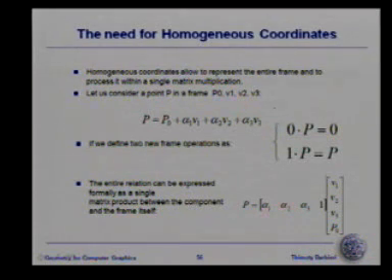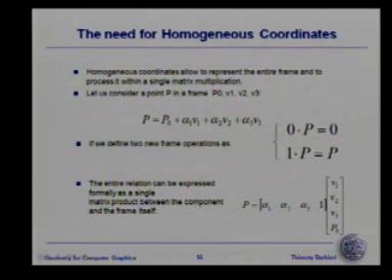Consider, if we define two operations for the frame like this, a point scalar 0 equals 0, and a point scalar 1 equals p, then you could represent this, p equals p0 plus alpha 1 v1 plus alpha 2 v2 plus alpha 3 v3, as just one single matrix product.